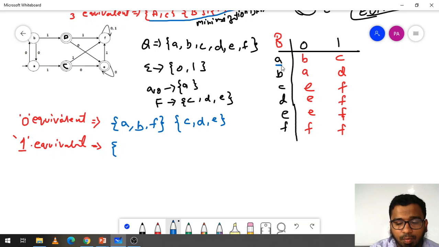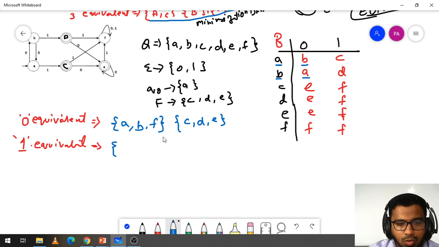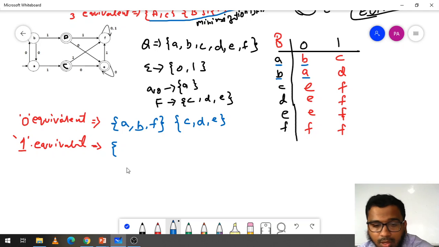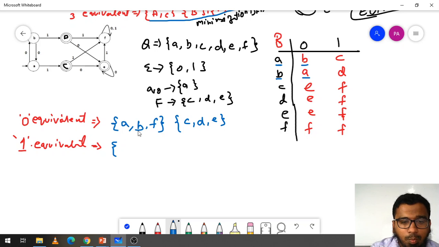Let's check. A on 0 goes to B, and B on 0 goes to A. Next, A on 1 goes to C and B on 1 goes to D. A and B, both are in the same set.